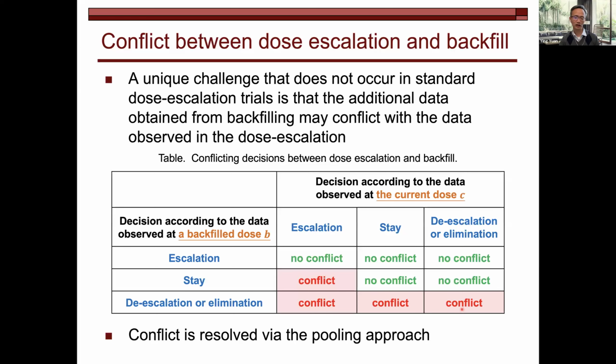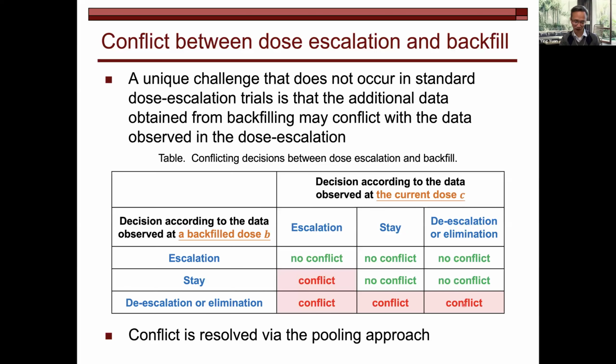So here, we say conflict more refers to the backfill dose data conflicting with previously observed data during dose escalation. And we label this because we still have to address this issue, right? Because this is very different from our original expectation. When we backfill, we think that dose is safe. Right now, that dose is very toxic. And we label this for convenience and use the same method to handle all those conflicting cases.